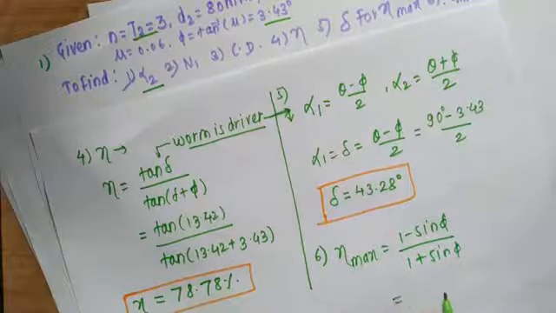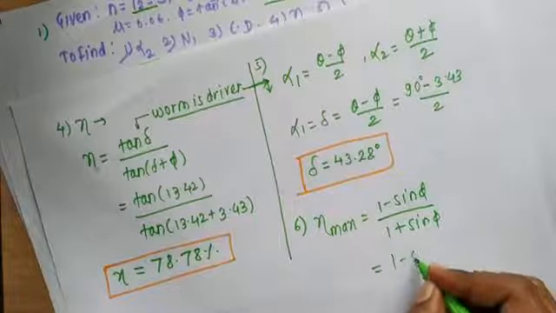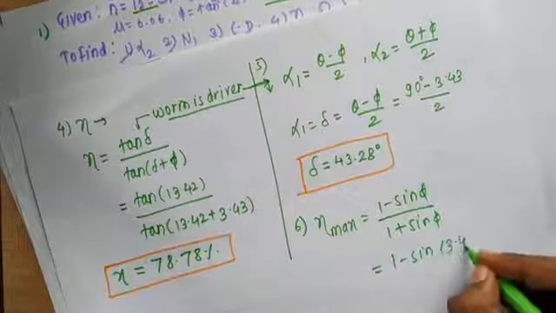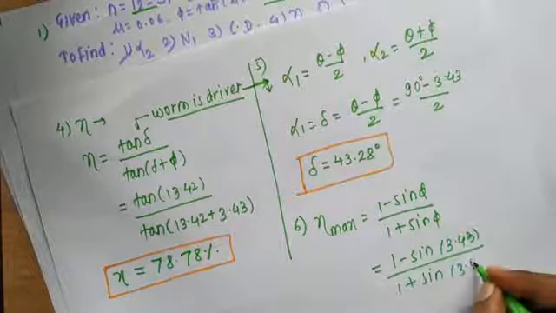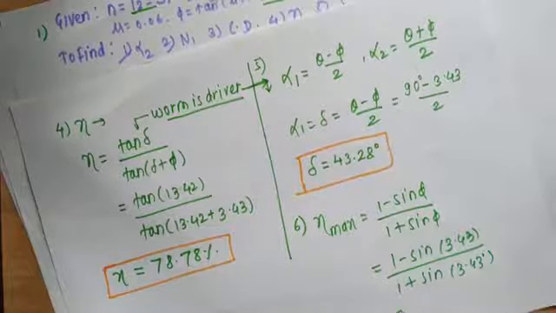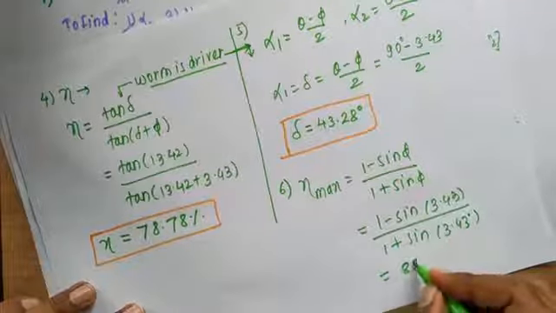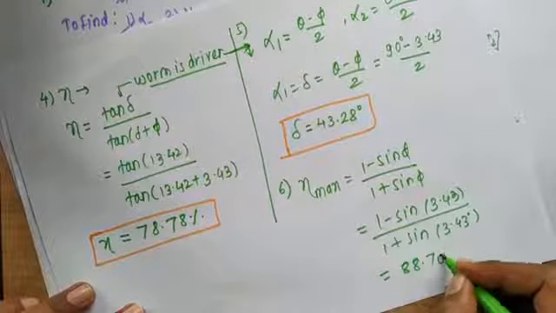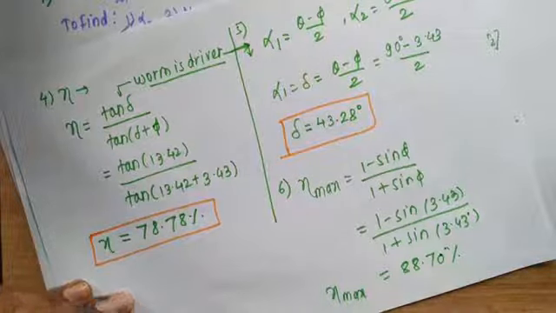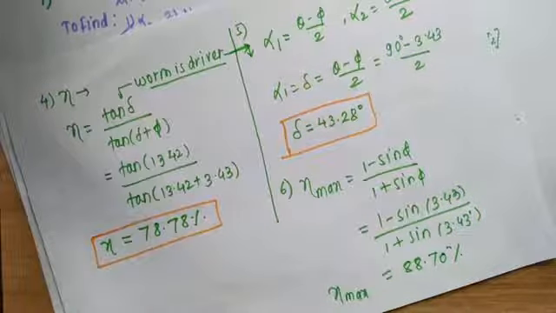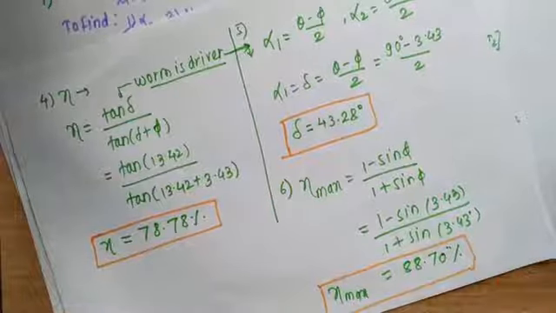To find maximum efficiency, we just need the value of phi, which is known to you, that is 1 minus sin of 3.43 upon 1 plus sin of 3.43 degree, which is equal to 88.70%. So it is the value of maximum efficiency. We can see here there is a difference in the value of efficiency and maximum efficiency. So this is all about the numerical.